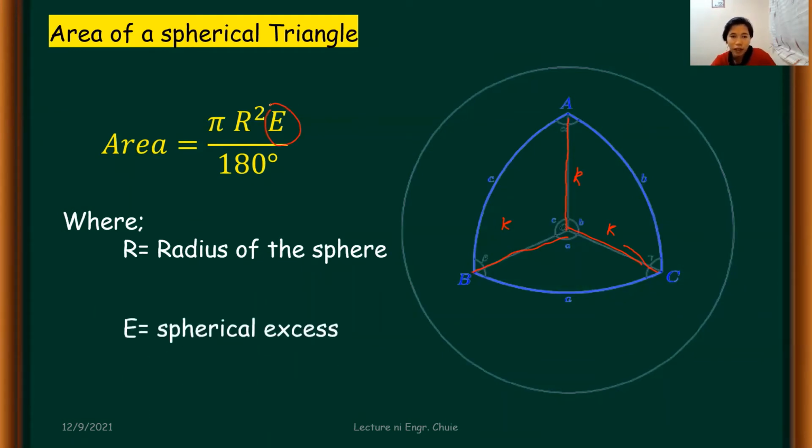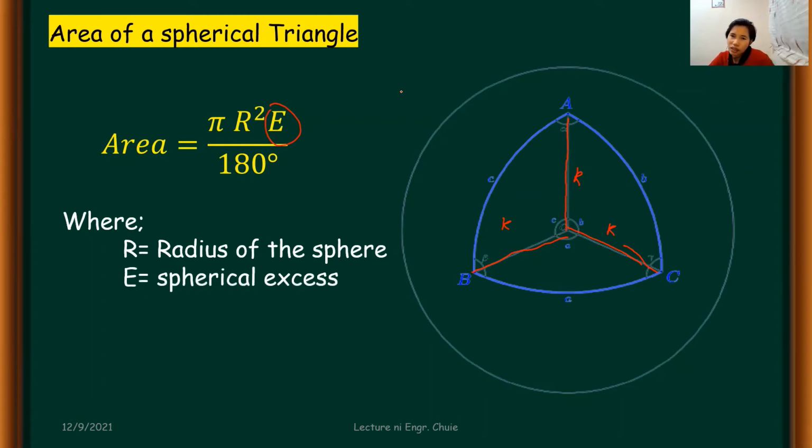Then what is E? E is called the spherical excess. The spherical excess is just the sum of all the angles, let's say your included angles A, B, and C, minus 180 degrees. So that is your spherical excess. You just compute this spherical excess and then multiply it with r squared pi over 180 degrees.